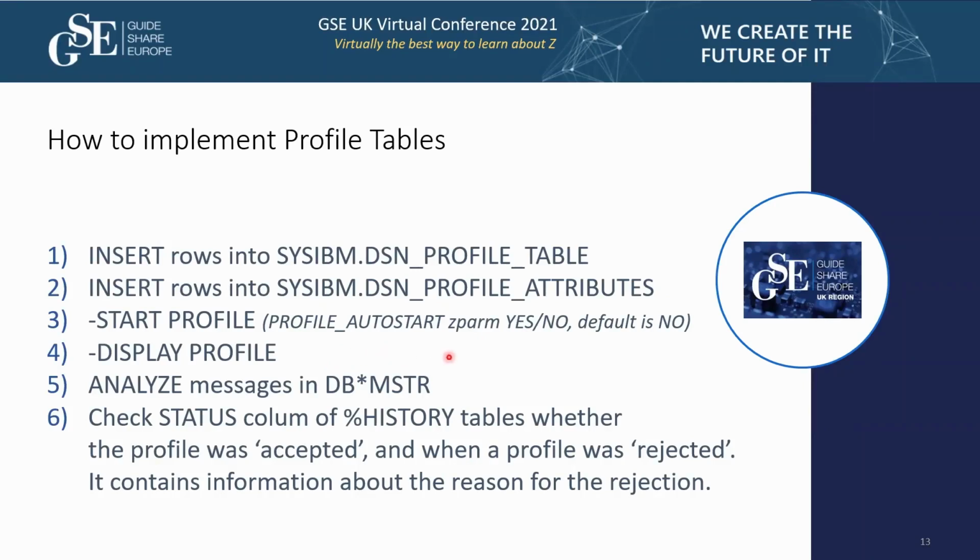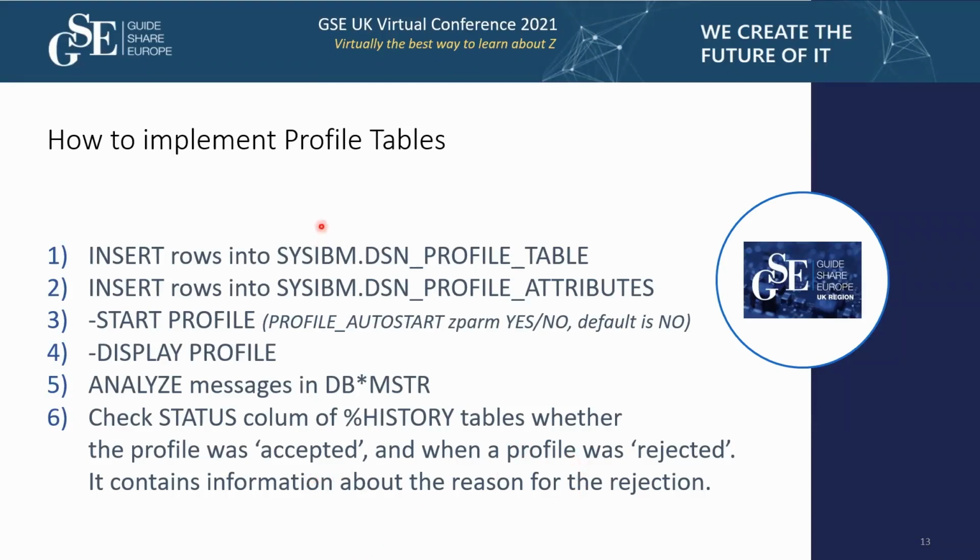And then we can start to analyze the messages that the profile sent out to the Db2 master address space. Then we can also check the status of our profile in the column of the history table, just to check whether the profile has been accepted or rejected for some reason.